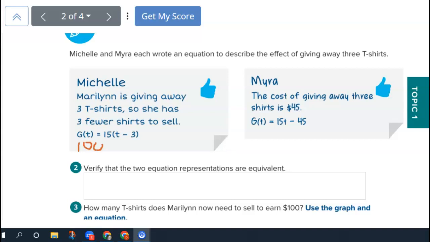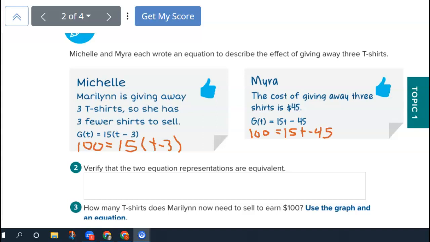So if you go this route, you're going to be solving this equation. And if you go this route, you're going to be solving this equation. Now, let's use this one as the example.